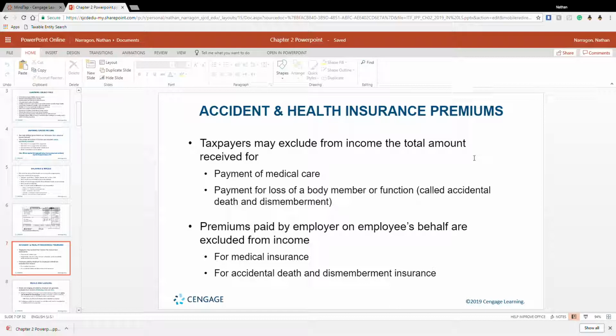Now, if we do get proceeds for an accident from an insurance company, we do not have to declare that income. That is excluded. Premiums paid by an employer on an employee's behalf are also excluded from income, and that includes medical insurance or accidental death and dismemberment.